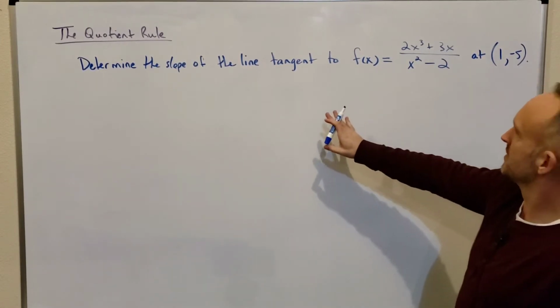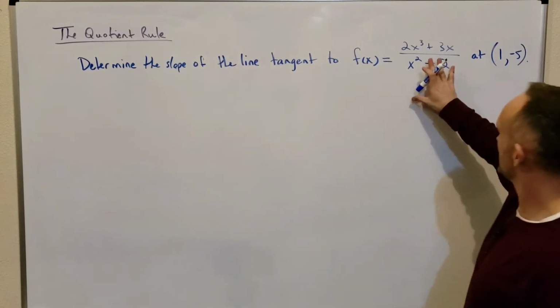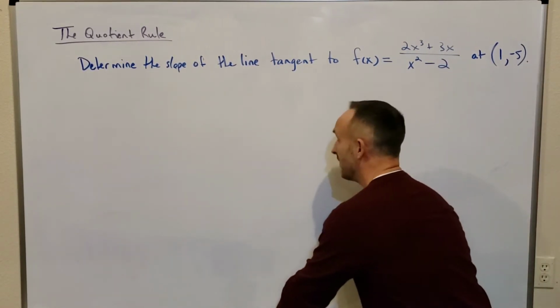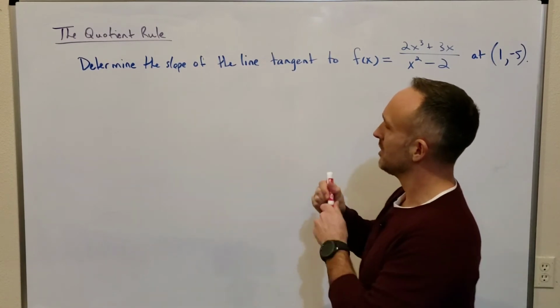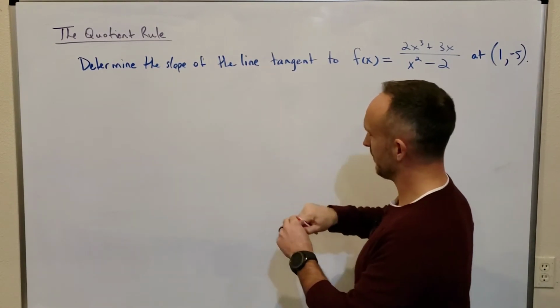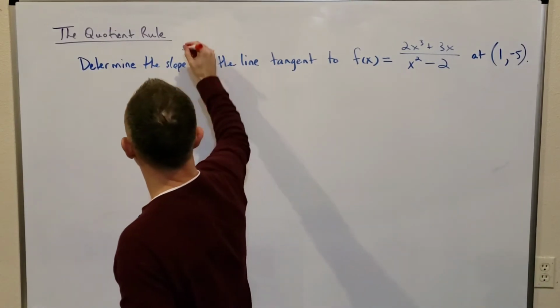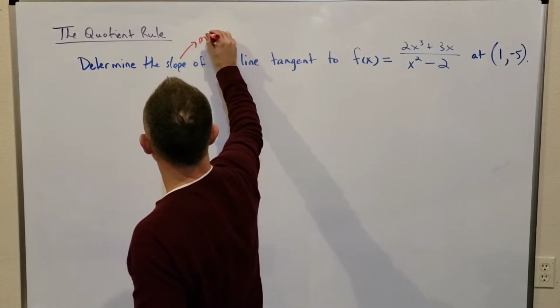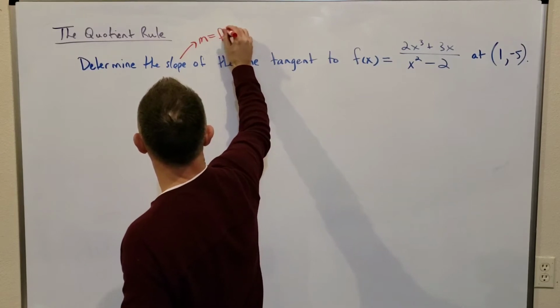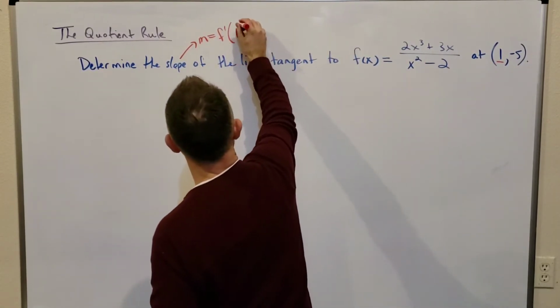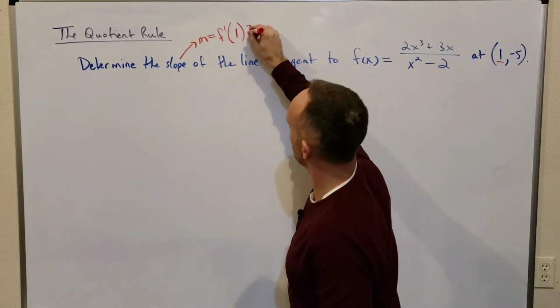But what I want is the slope of the line that's tangent to this curve at this point. And if I want the slope of the tangent line, what I'm looking for is the derivative. My goal is to get m, which in this case is going to be the derivative of f at the x value of 1. So I need to know f prime of 1, right?